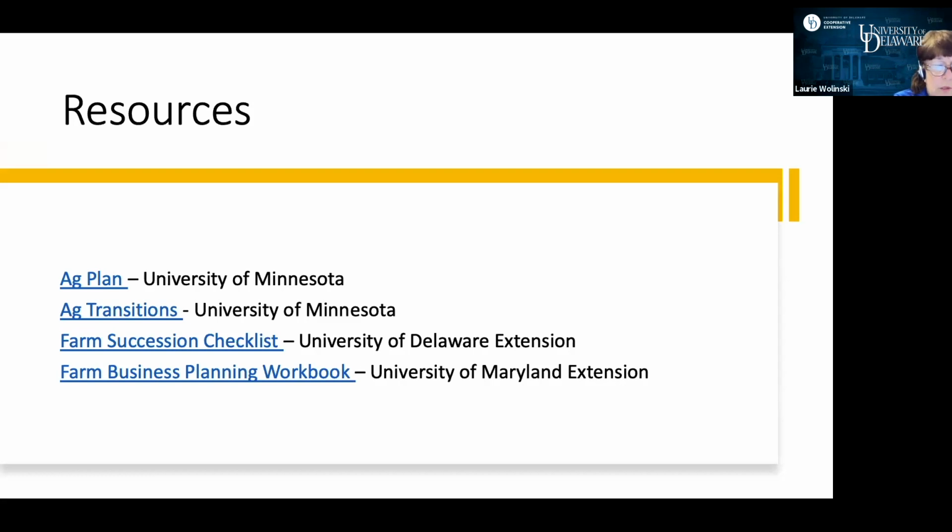They're both free and they are secure, so you can share your plan with your lenders or your family members electronically. It's all passworded. We have the farm succession planning checklist, and then there's a really nice workbook by the University of Maryland Extension, the Farm Business Planning Workbook. All great resources, and I would encourage you to consider looking at them.